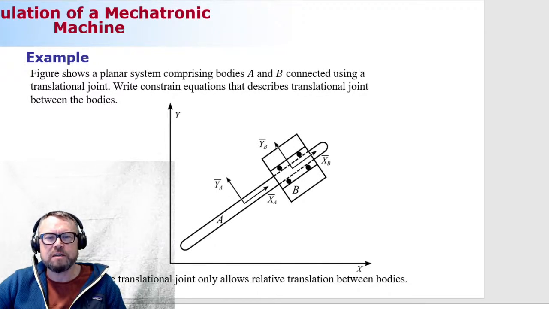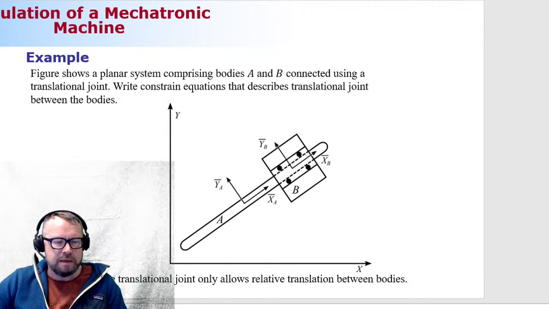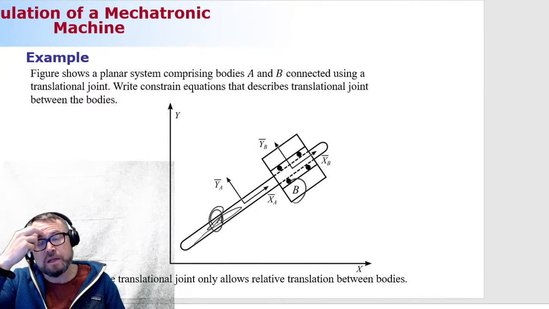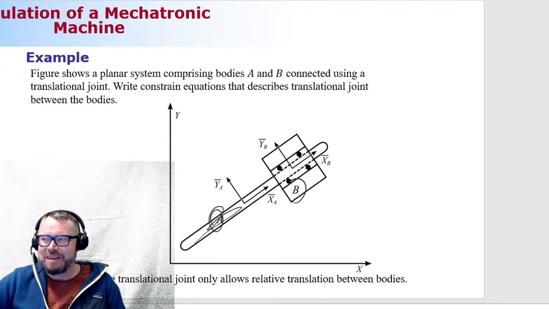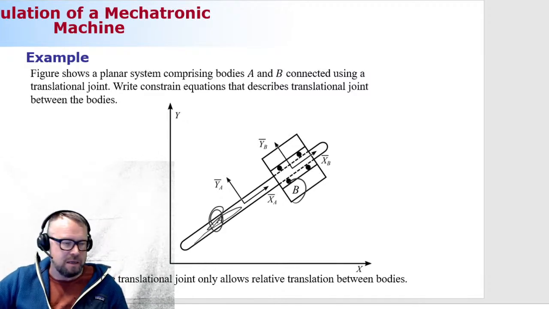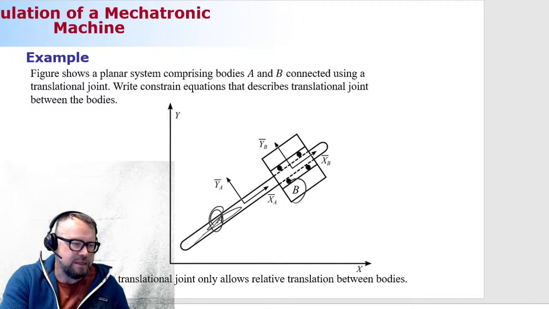A translational joint is here to combine this beam-like body, which is called body A, and the box-like body, that is body B. So how to make it happen? How to introduce the constraints such that the box-like body can slide along the beam-like body? That's going to be our challenge next.